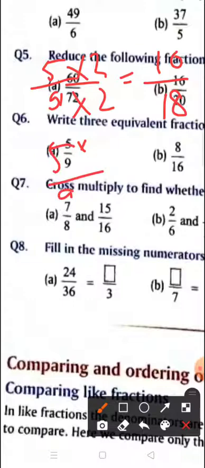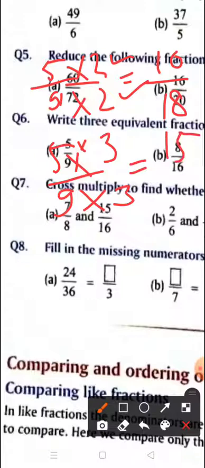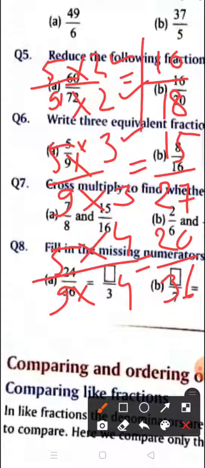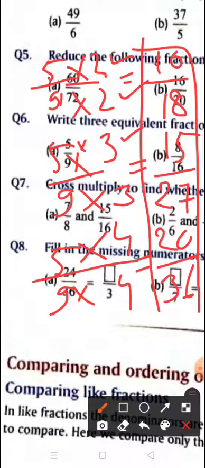Then multiply by 3: 5 3s are 15 and 9 3s are 27. Then multiply by 4: 5 4s are 20 and 9 4s are 36. These 3 are your equivalent fractions.